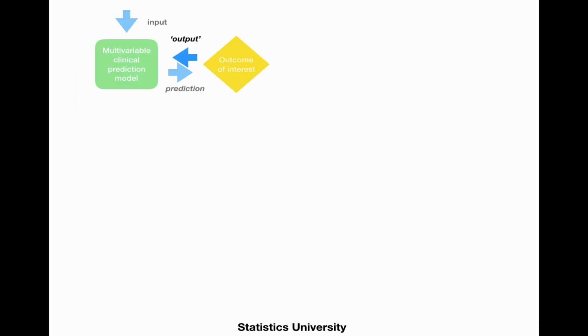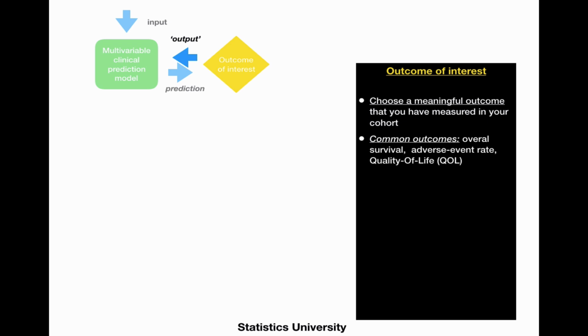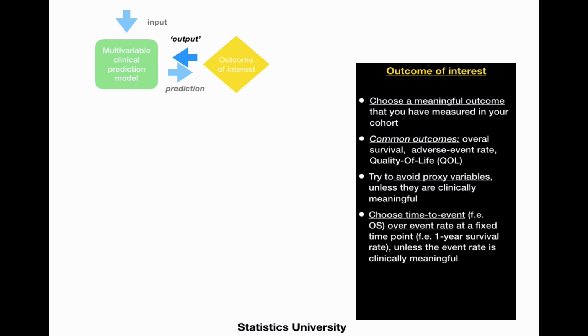Now, with regard to the output part, the outcomes of interest, you should choose a meaningful outcome that you have measured in your cohort. Common outcomes are overall survival, adverse event rates, and quality of life. But try to avoid proxy variables unless they are clinically meaningful.